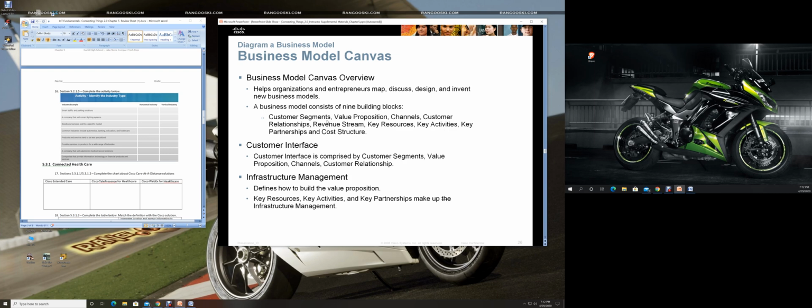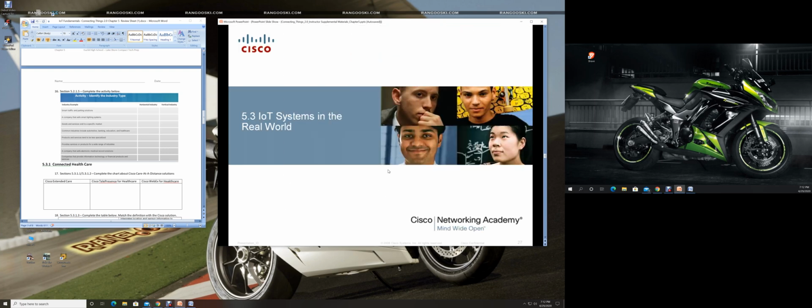So in here they talk about these 9 different building blocks. We used to have a lab where we went over how to set up a business plan. They don't really talk that much about it anymore in the curriculum per se. I wish they did. It was kind of interesting. But that's stuff that you can learn in marketing.